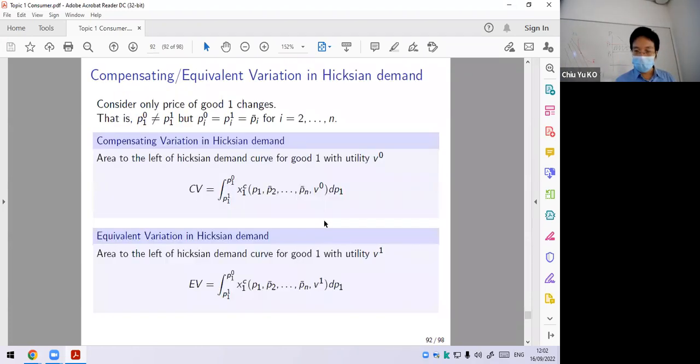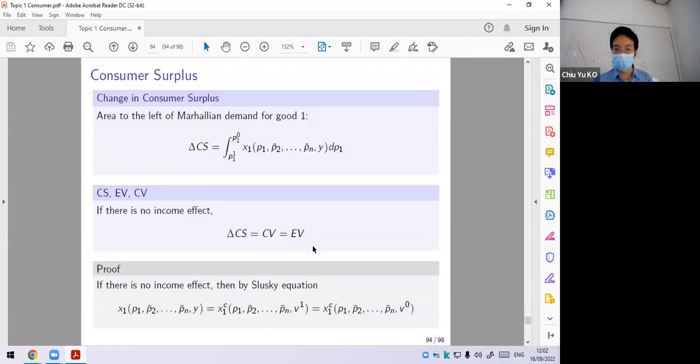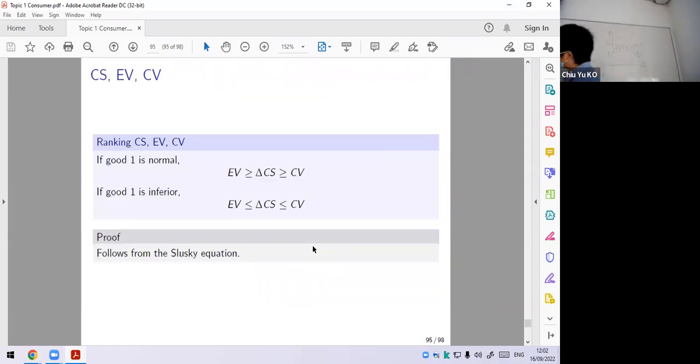When the income effect is small, it's okay to use consumer surplus. And if you don't know whether the good is inferior or normal, in that case consumer surplus is always in between, right? So it's a good approximation.